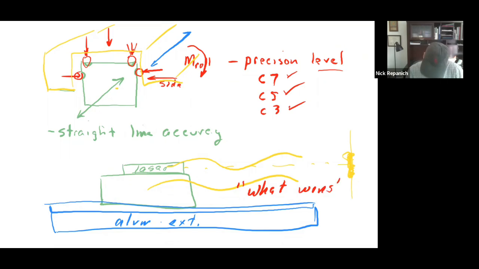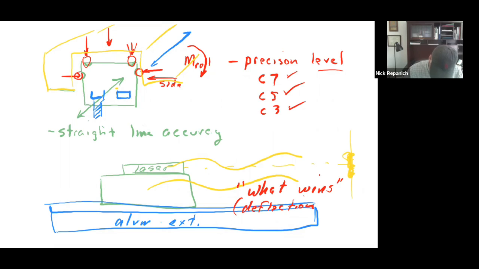By what wins, I'm talking about the deflection when you bolt them together. So you squeeze the rail and the aluminum extrusion together. There are little bolt holes in here that you bolt this down, and it goes down into the material.